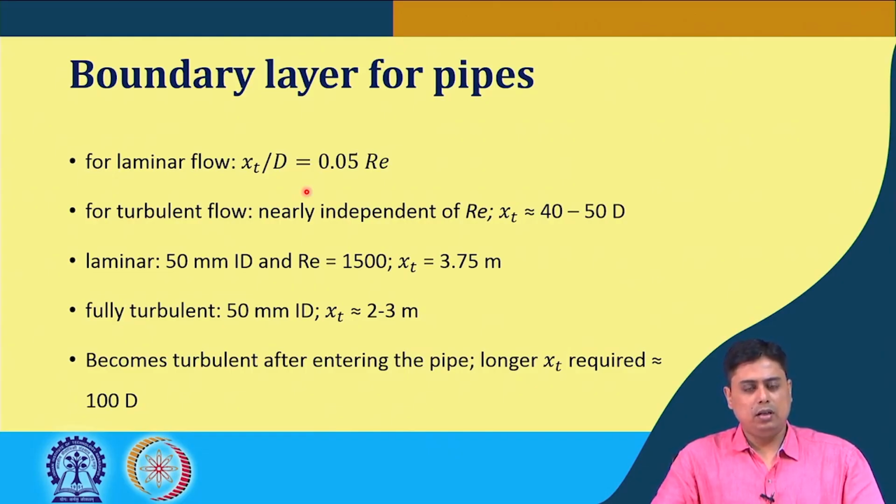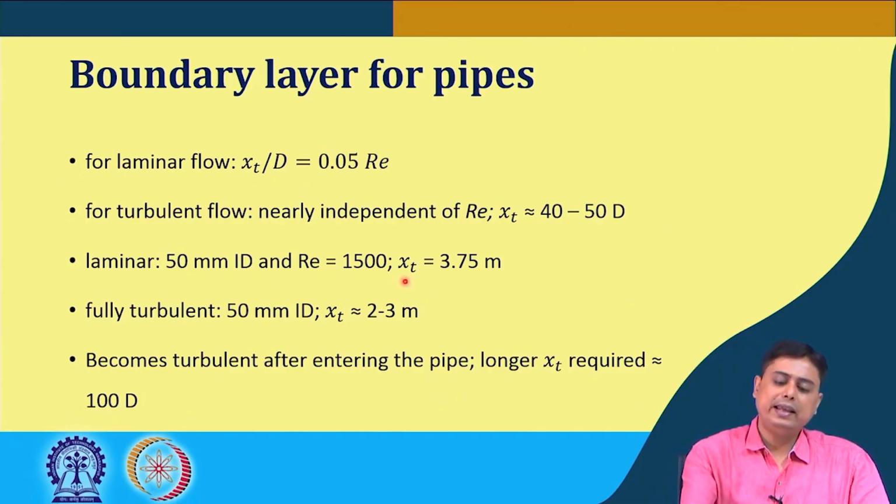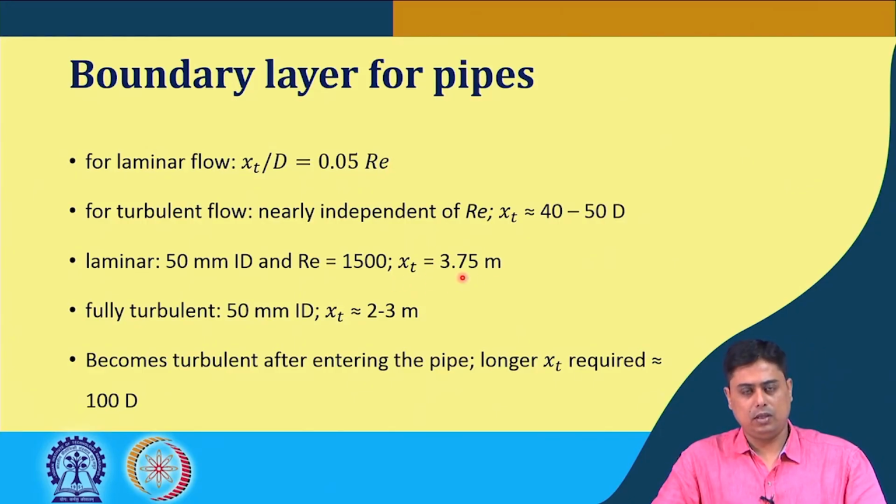For example, to give you the numbers, for a 50 millimeter ID pipe with a Reynolds number of 500, the transition length by this formula is around 3.75 meter. Now, intuitively you can think that for turbulent flow this length will be much more to have the fully developed region.